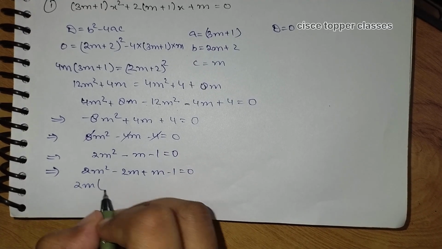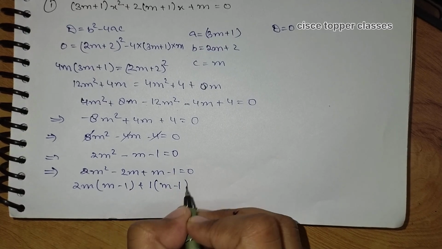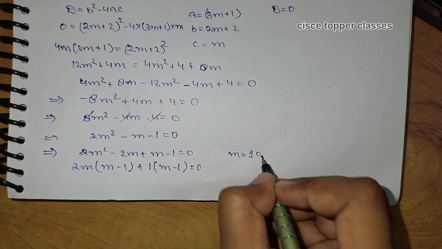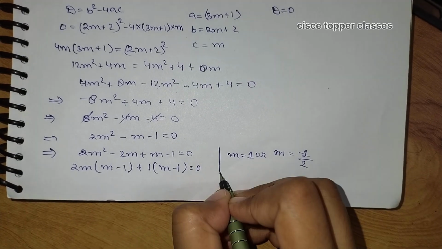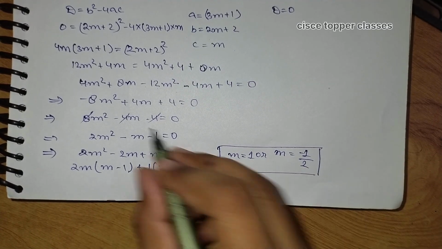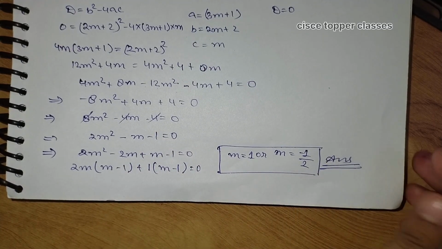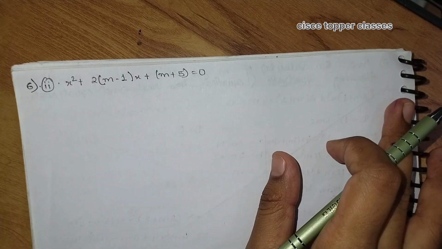Taking 2m as common, it will become m minus 1, plus 1 is common, again m minus 1 equal to 0. So m is equal to 1, or m is equal to minus 1 by 2 is the final solution of question number 6 first part here. So these are the values of m in this question. Let us solve this question here.